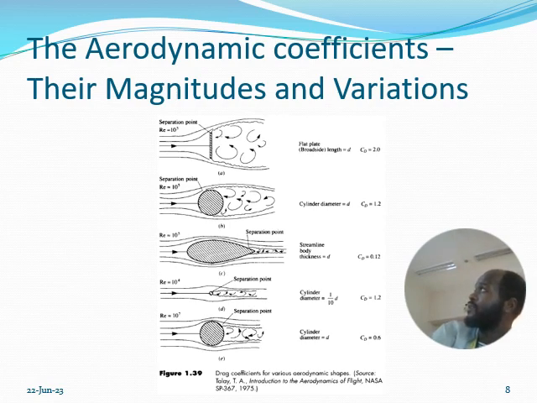What can you say is the difference between these two, between this figure 1.39b and figure 1.39e? I've already told you that the separation point moved from the front to the back. So that's a difference. But what do you think is responsible for the separation point moving from the front to the back?